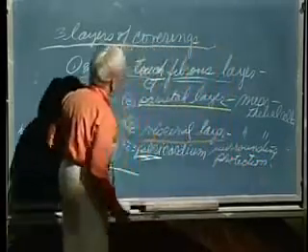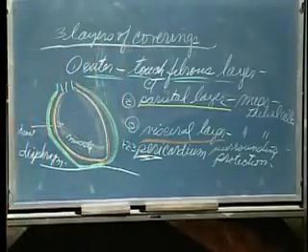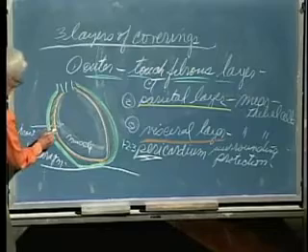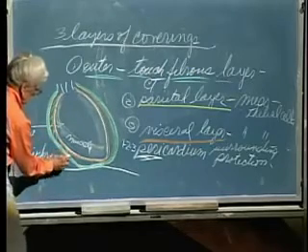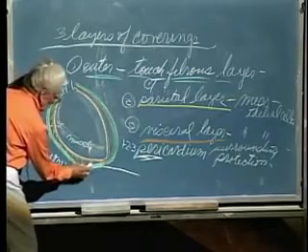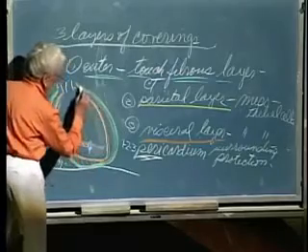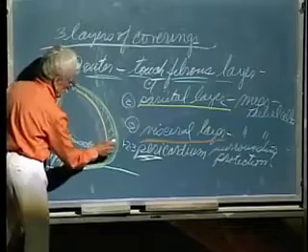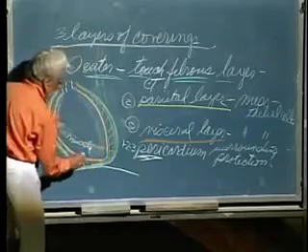And between the parietal layer and the visceral layer, what do we call the area between them? Pericardial cavity.